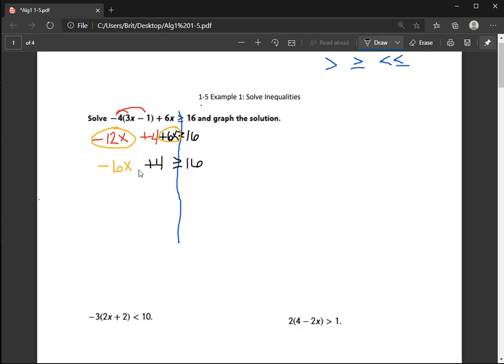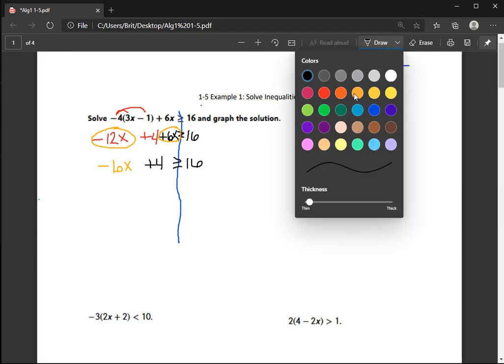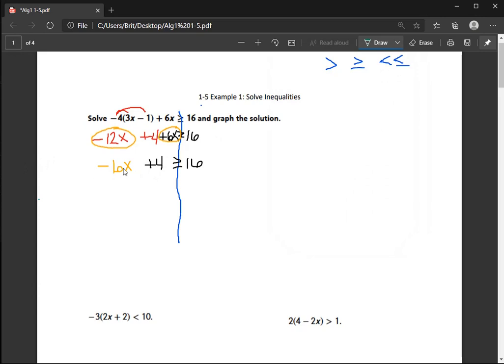Now I'm at the point where I need to start moving things across the inequality symbol. I'm trying to isolate my variable, which means to get this x by itself. Right now there's a -6 being multiplied to it, and there's a 4 being added to it. I have to get rid of that addition and subtraction before I can get rid of any multiplication or division. So to get rid of an addition of 4, I'm going to subtract 4.